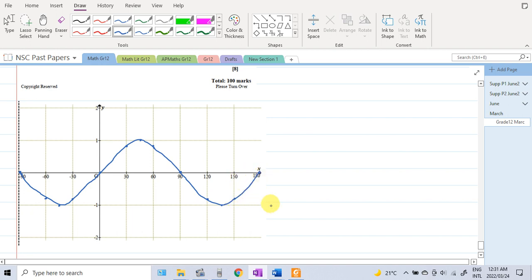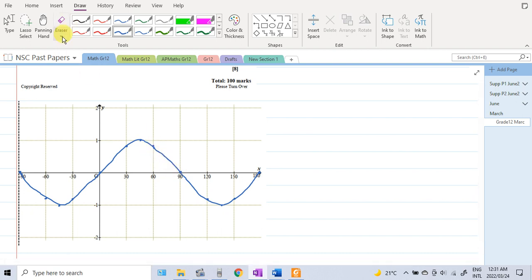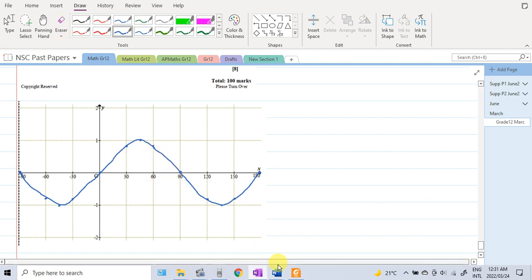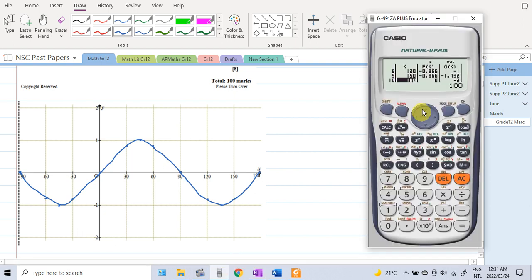Anyways, now let's look at the next graph. The next graph is the g of x graph. I'll draw that in red for you. When the value is 0, the value is 2. 2 is right there.